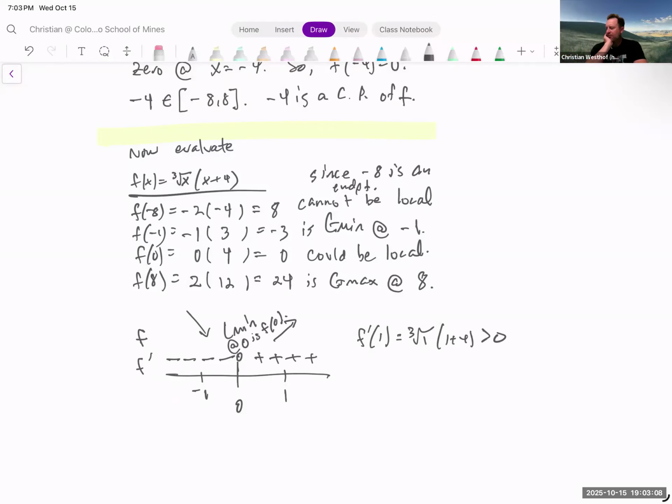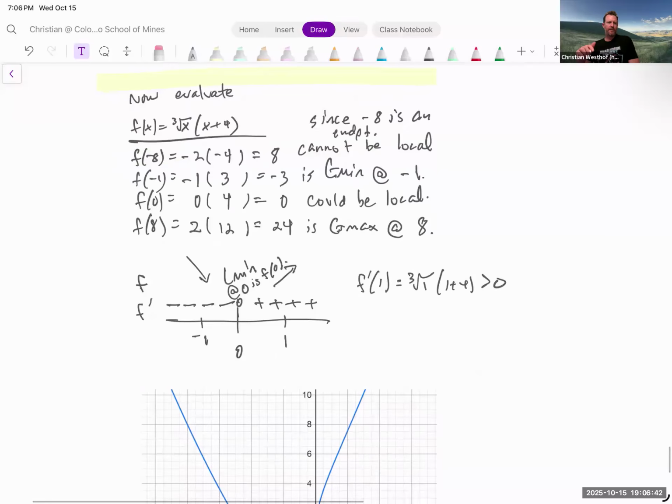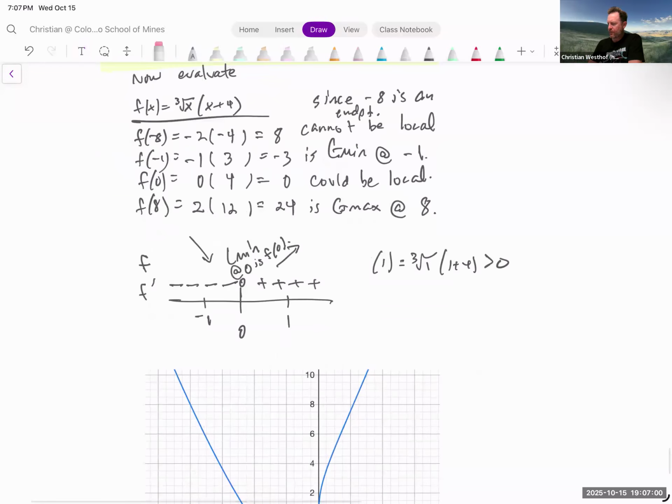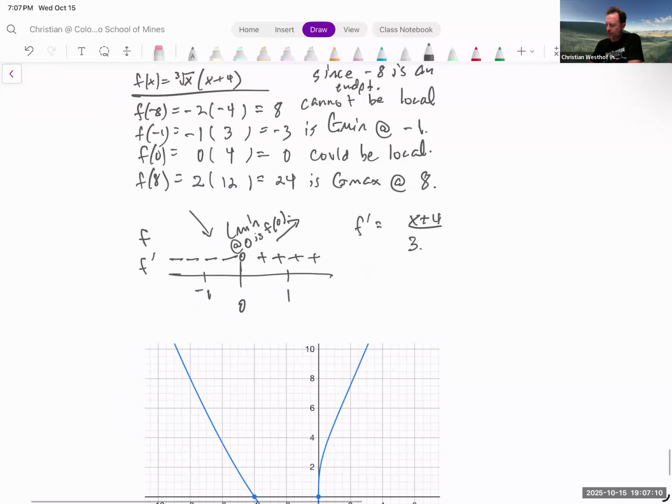I'm going to pause again, and then let's pull up that graph and see what's going on. Okay, let's finish with the graph, and then I need to go back and mention I made a mistake. We're wanting the sign chart for the derivative, and I'm plugging in test values to find the sign, but I plugged them into the function. The derivative was f prime equals x plus 4 over 3x to the 2/3.